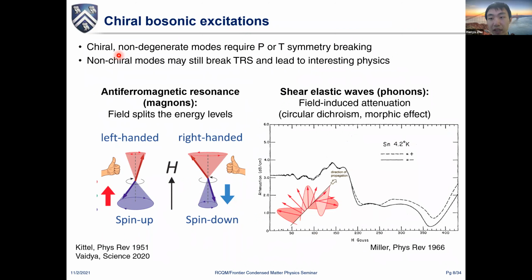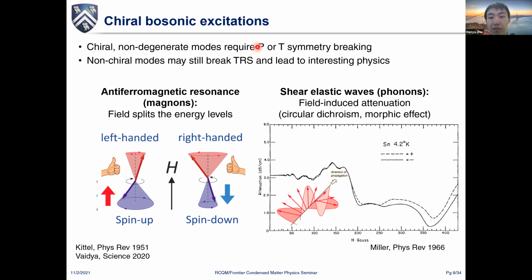If we are looking for something chiral supported by a solid state system, we're looking into bosonic modes that are non-degenerate. That is, if you reverse the chirality, this particle looks different from itself. So under this condition, the lattice must break either, again, P or T symmetry.